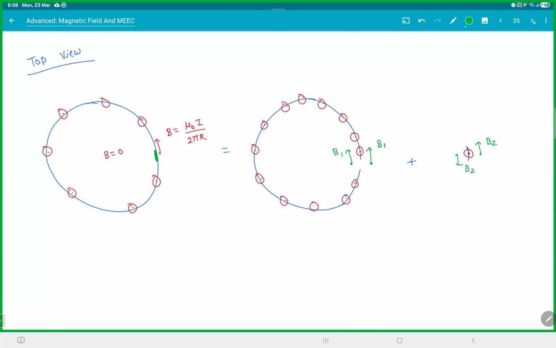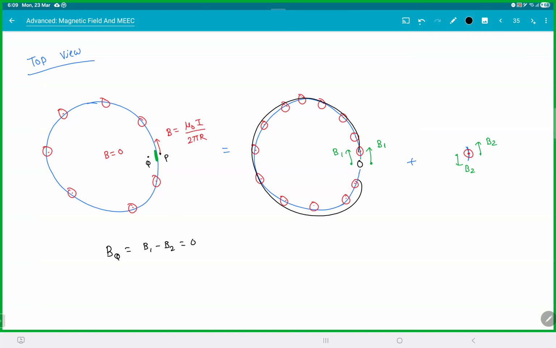Now if I call this point P and this point Q, we can clearly see the field at Q must be B1 minus B2, but I know this is 0. That means the magnetic field generated by all these wires is equal to the magnetic field generated by this small segment.